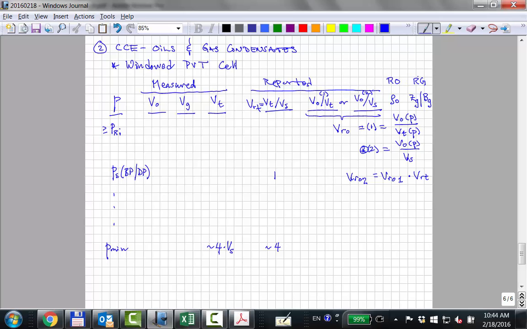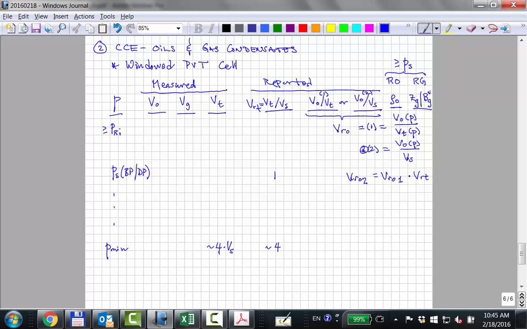And these will be given at and above the saturation pressure, where it's single phase. So for oils, they'll give you oil density. For gases, they'll either give you the Z factor of the gas or the BG of the gas.